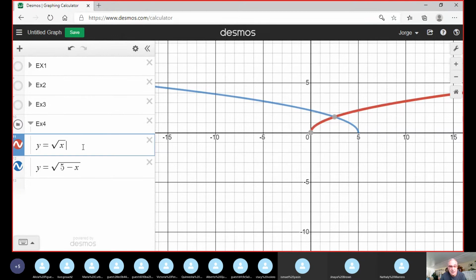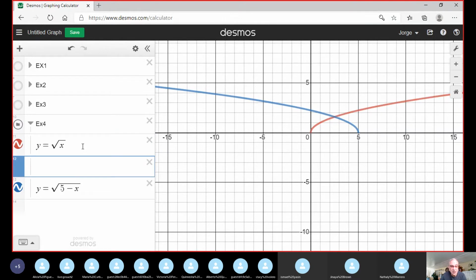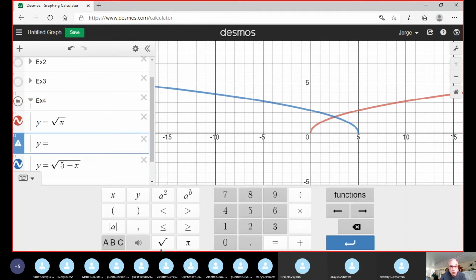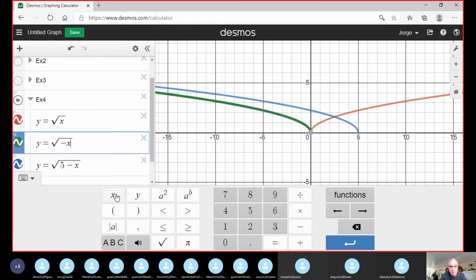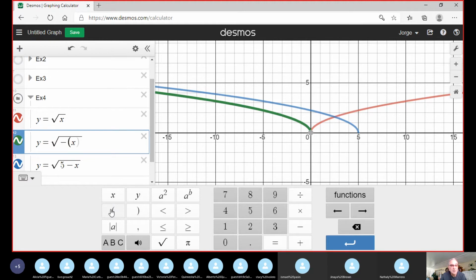Because look at that. Let me try in another color. Suppose y equal square root of minus x. Boom. In green color, it's just reflection. But suppose that I open the parenthesis here, and I put minus 5 here. It's equivalent, no?